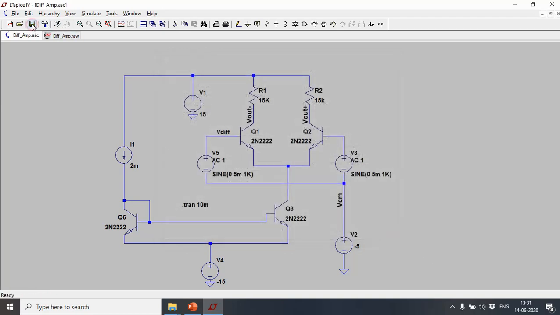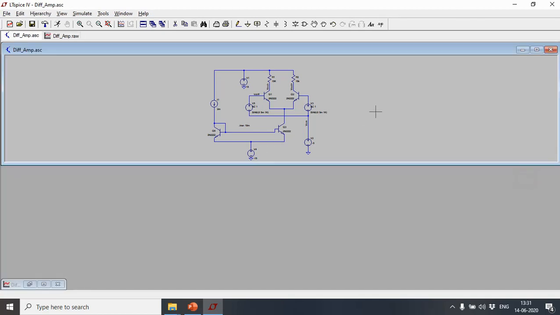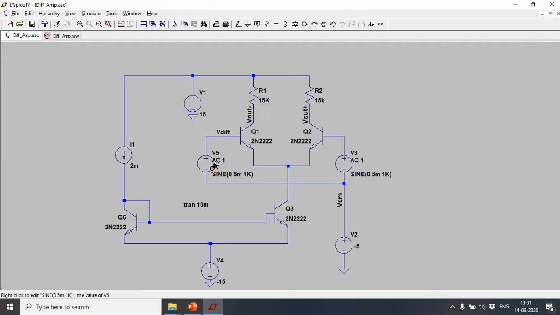Check and save, and I am going to run it. So you see there is no output voltage. It is close to minus 1 volt only. There is no output voltage at all, because it's not going to amplify anything, because you have given the same input signal at both the places, right?